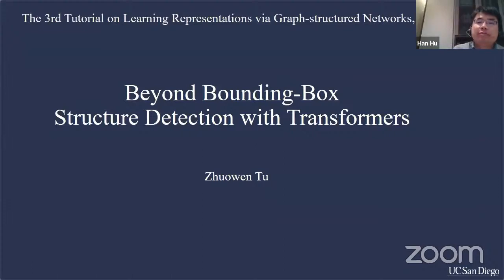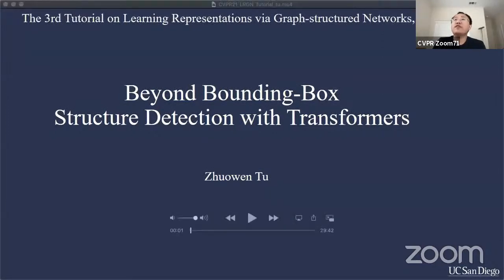We didn't find the same phenomena in vision transformers. I think one reason is that in vision transformer or in Swin transformer, the number of nodes is not very large. So we didn't observe the same phenomena as for local networks.